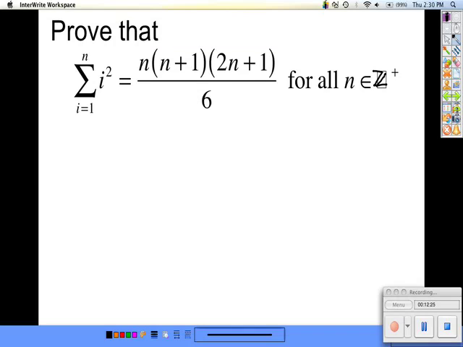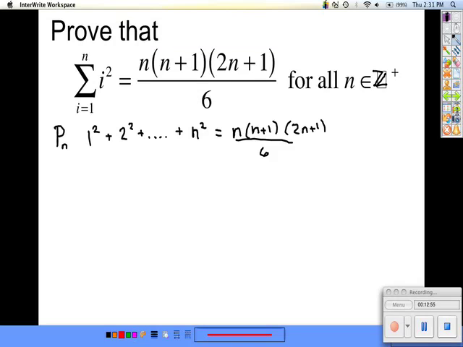So we want to prove this. I'm going to write this out for my claim, for my proposition. One squared plus 2 squared plus yada yada yada plus n squared. We're claiming that that's equal to n times n plus 1 times 2n plus 1 all over 6.